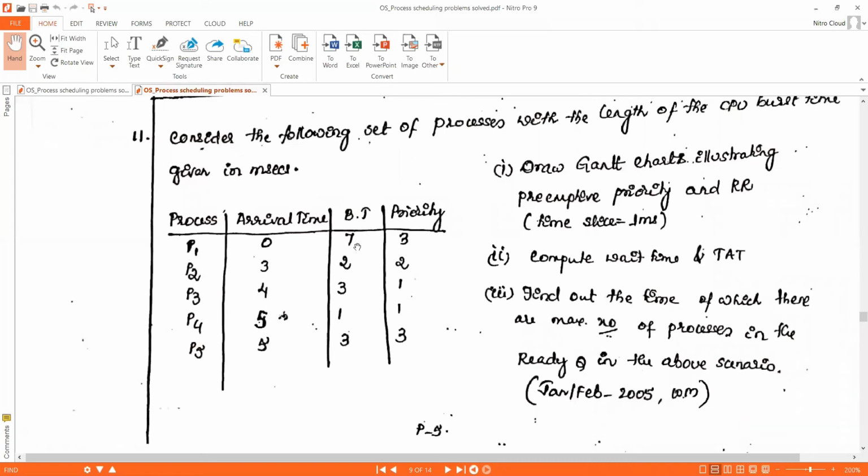Process 1's burst time of 3 milliseconds will have been executed by the CPU. At 3 milliseconds, process 2 will arrive in the ready queue. Now the CPU will be allocated to process 2 for 1 millisecond.